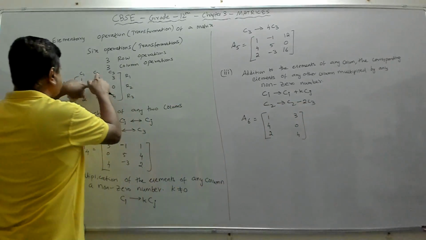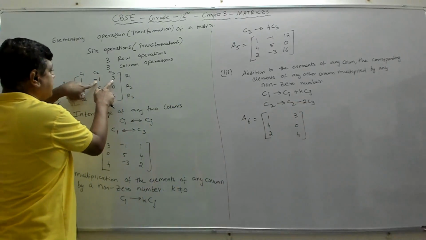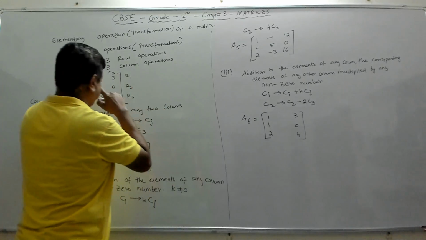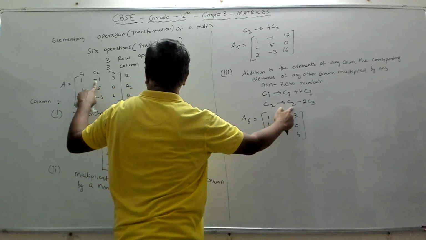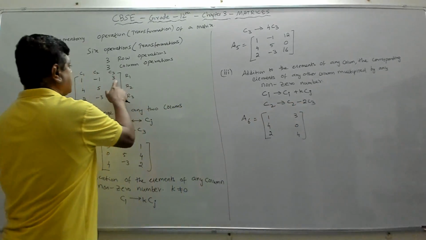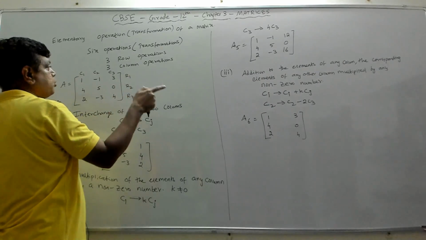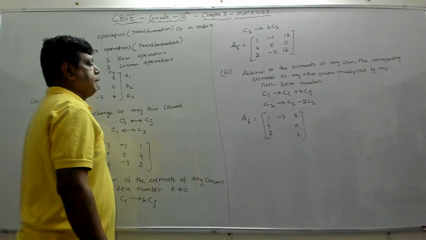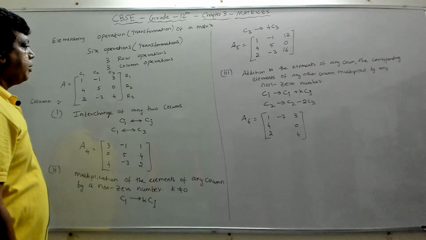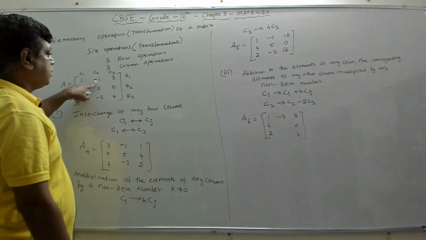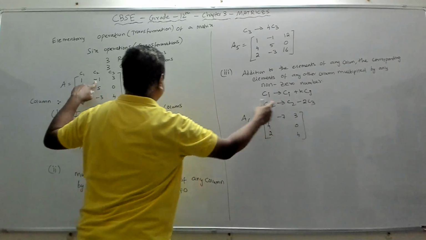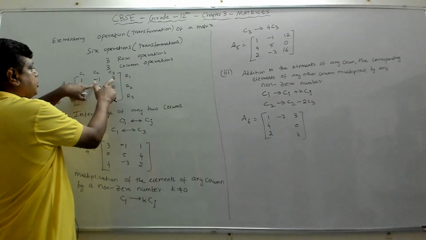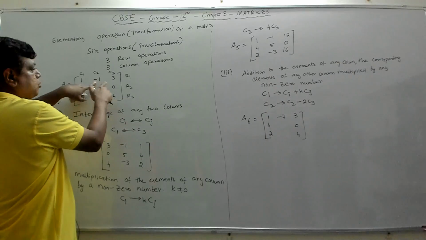So substitute C2 as minus 1 and C3 as 3. Then you get minus 1 minus 2 times 3. Minus 2 into 3 is minus 6. Minus 6 minus 1 is minus 7.